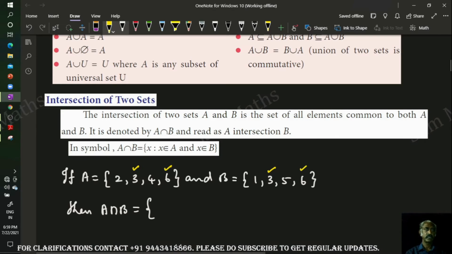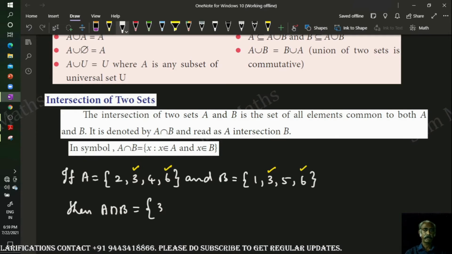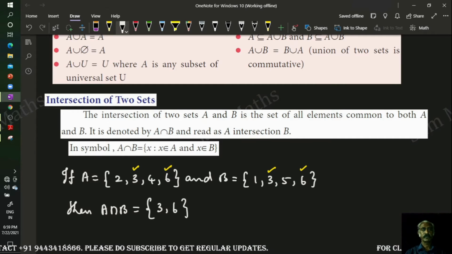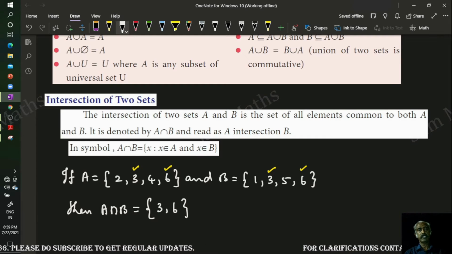Very clear, children? Therefore we are getting {3, 6} as the answer. So here you have to take the common elements for the intersection of two sets.